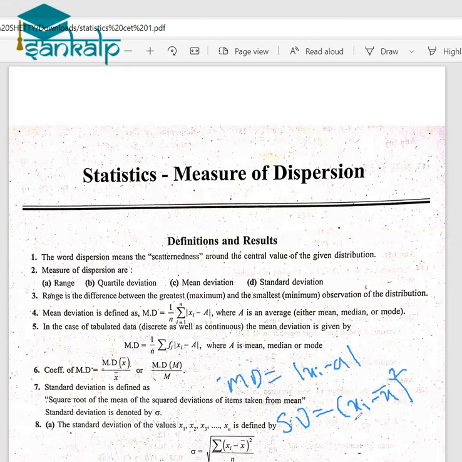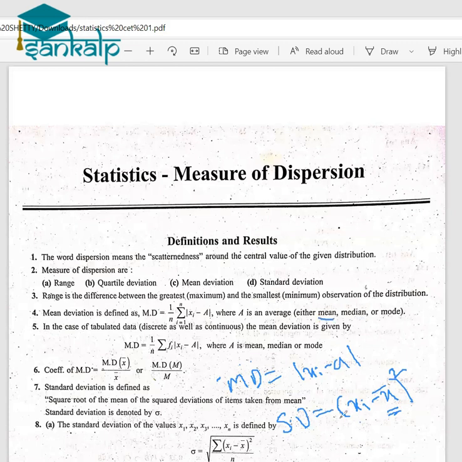So in standard deviation, we are collecting the squared deviations, and those squared deviations we are considering only about the mean score. So in case of standard deviation, we are making use of the mean only, neither median nor mode.